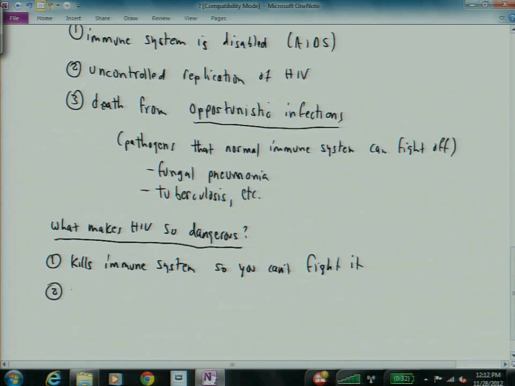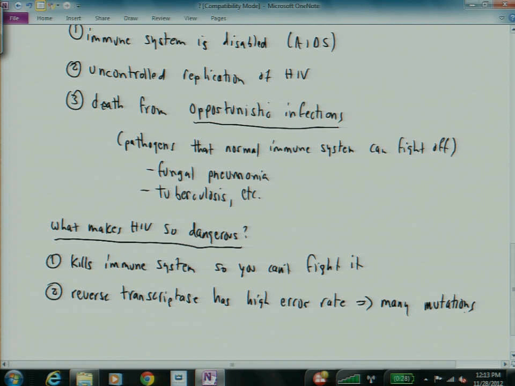Number two, it turns out that reverse transcriptase has a high error rate, which you'd think might be a bad thing. It makes lots of mistakes when it's copying. This leads to many mutations in the HIV genome, which you think would be really bad, right?